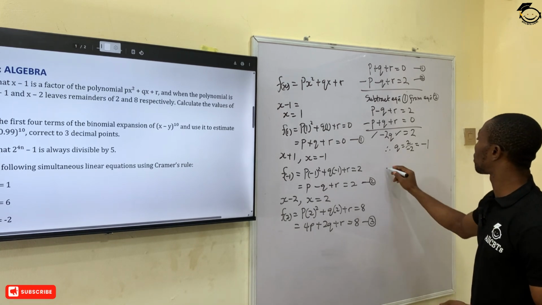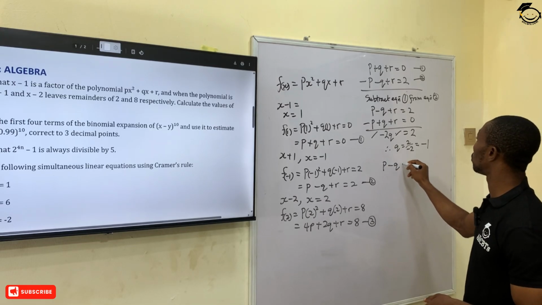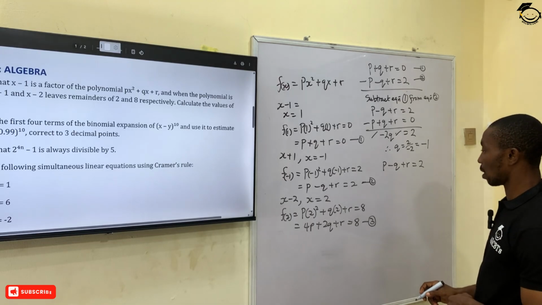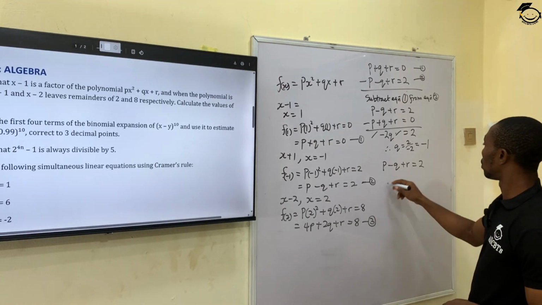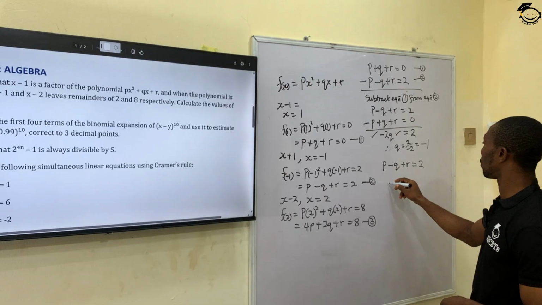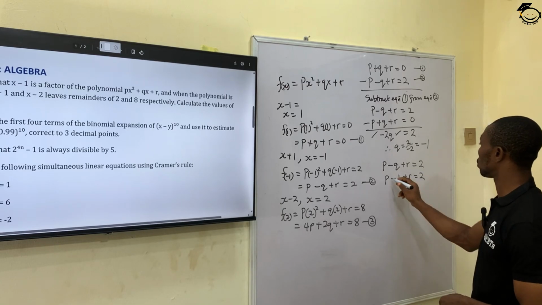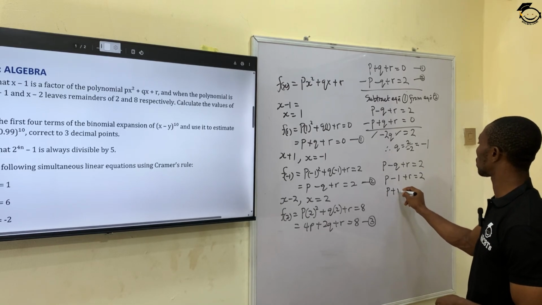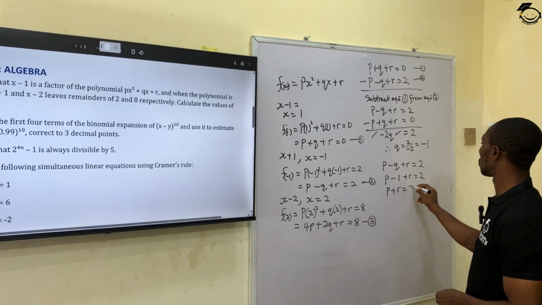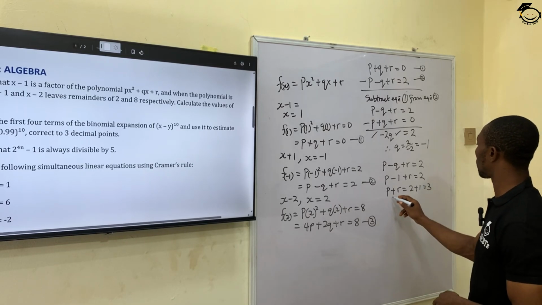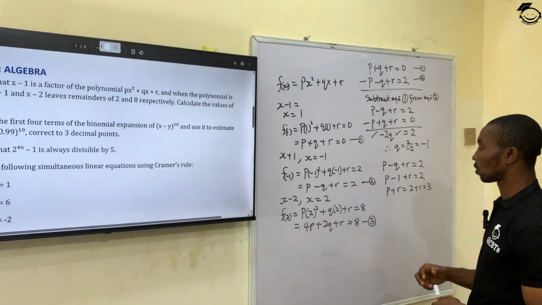We are having our p minus q plus r equals 2. Okay, and substituting for q here, we are having p minus 1 plus r equals 2. So this will give us p plus r equals 2 plus 1, which will give us 3. So we know that p plus r will give us 3.